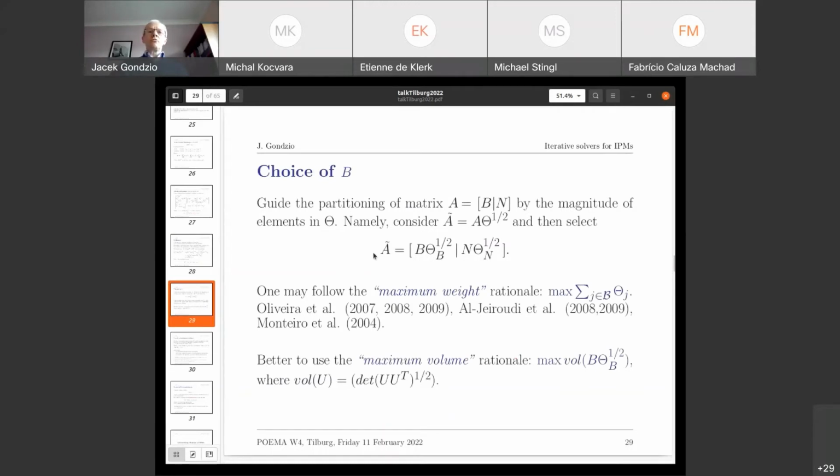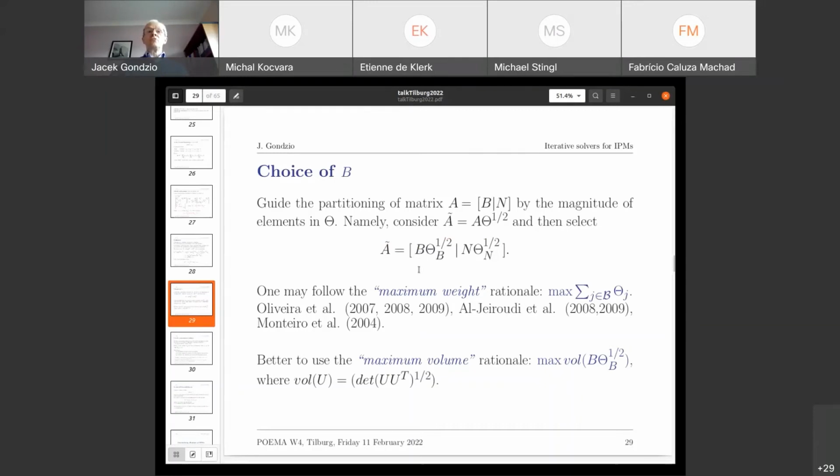So what was originally done by Oliveira and many other authors is that they proposed to look at thetas and just order thetas from the largest to the smallest and pick the largest ones to contribute to the basis matrix. It sounds easy, but the trouble is that if you select the basis that way, the basis is not a non-singular matrix.